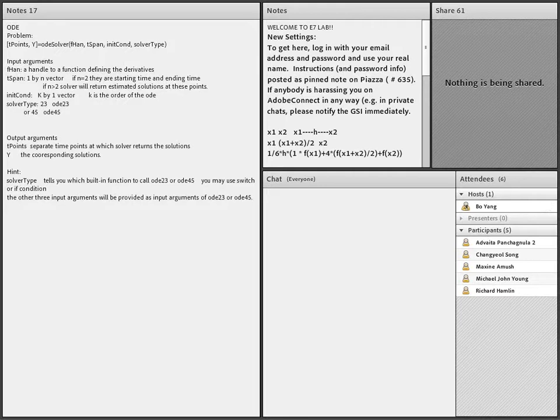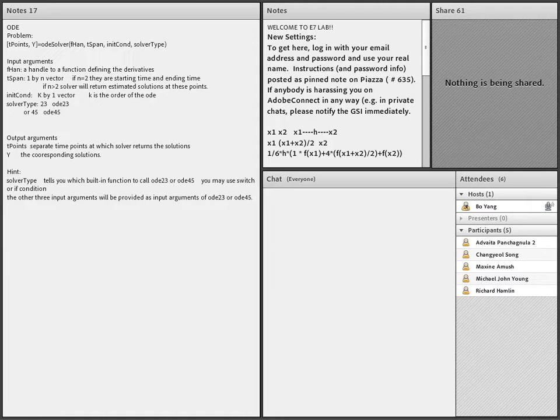You may use a switch or if condition to choose the ODE type, and the other 3 input arguments will be provided as input arguments of ODE 23 or ODE 45. That's all for the first problem.